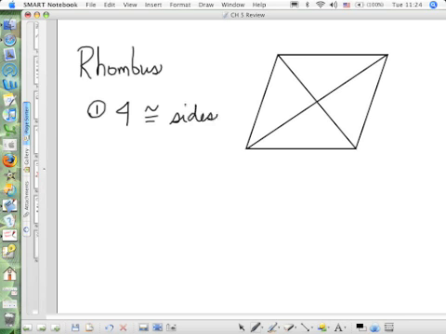Exactly. Now all the angles are not equal though. Opposite angles are equal. Okay, so we've got all equal sides. Opposite angles are equal. Diagonals are perpendicular bisectors of each other.